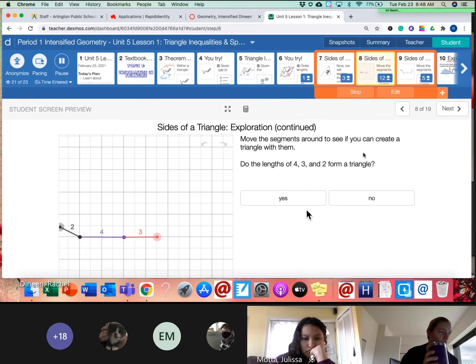We're going to move the segments around to see if you can create a triangle with them. I'm going to be looking for participation for slide 8 and for slide 9.